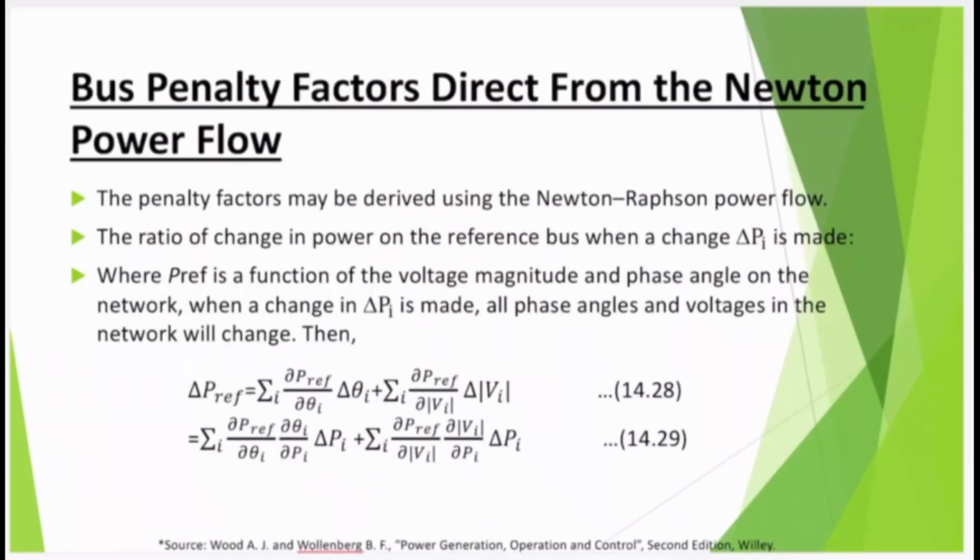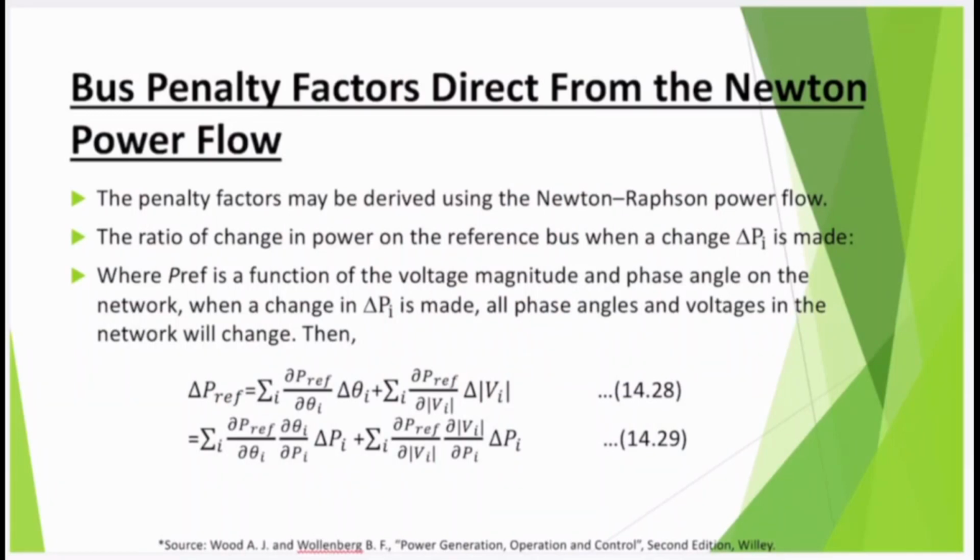So if you understood very well what Newton-Raphson power flow is, you can call the Newton-Raphson power flow on an integrated network connected to many generators, capture the penalty factor, and then use those penalty factors for your optimal solution and get the generation outputs. So finally you can conclude these are the generation outputs of a given system to meet my load economically, accommodating all the losses of the network. That is the basic objective of this course.